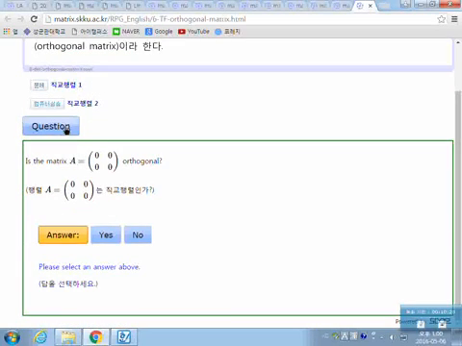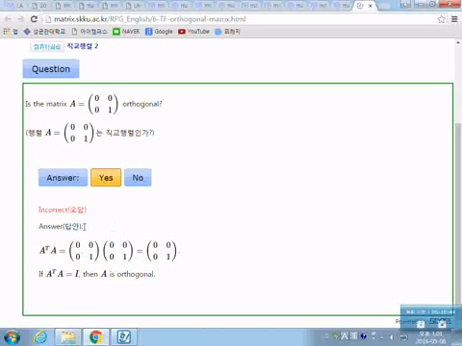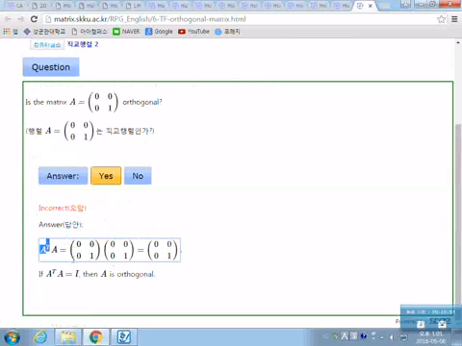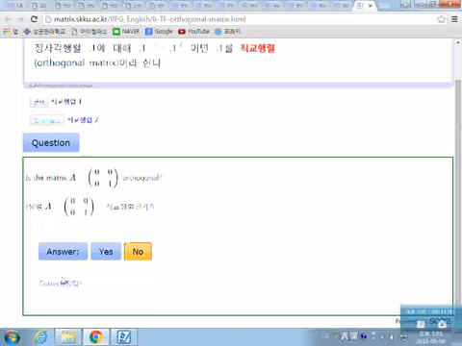If you click the question, a new random, different one will appear, right? If we say yes, it is incorrect, because from the definition, A transpose times A should be the identity matrix, but here surely it's not. That's why the answer should be no, right?